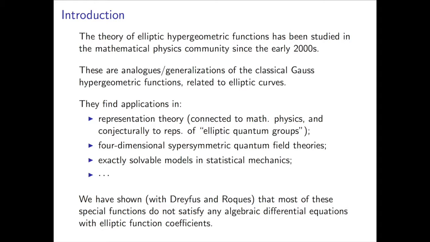And then, apparently also, they find connections in what are called exactly solvable models in statistical mechanics, which again, I'm not an expert in this area. I took this list from a survey article on the theory of elliptic hypergeometric functions, for the benefit of people who do understand this better than I do.